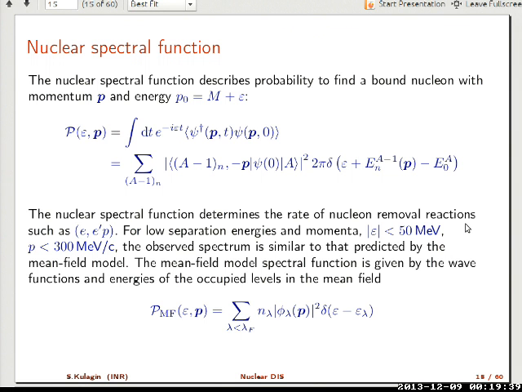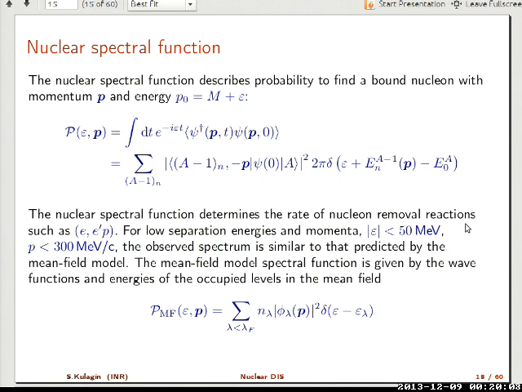What we know from the whole experience of nuclear physics is that at low energies, at low momenta, the mean field model would give a good approximation to this quantity.